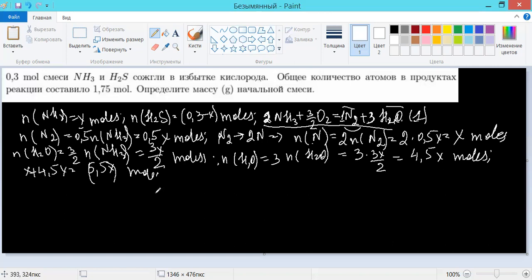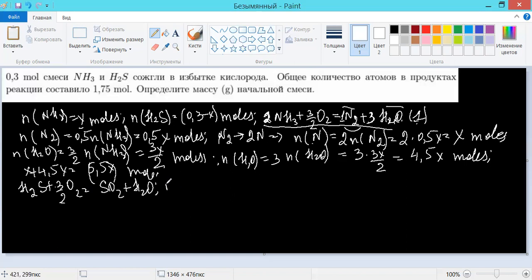But this is the amount of atoms related to the first reaction. But we've got the other component, and it's also oxidized, right? And here is the reaction H2S plus 3 over 2 O2 gives SO2 plus H2O. Okay, and we're going to apply the same logic.